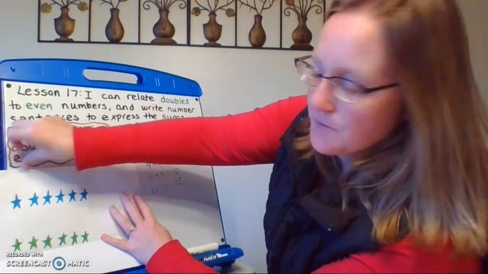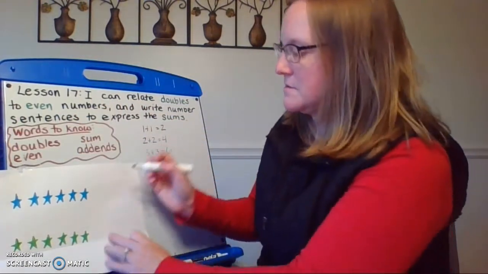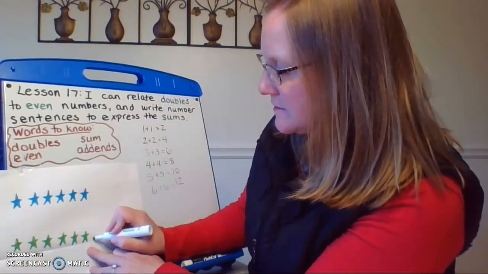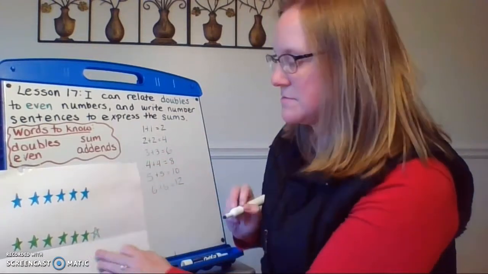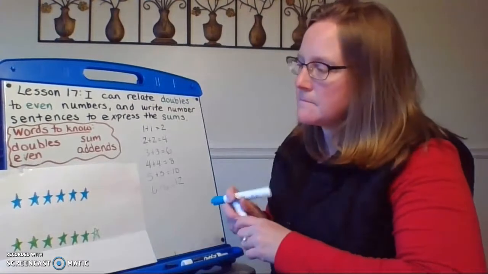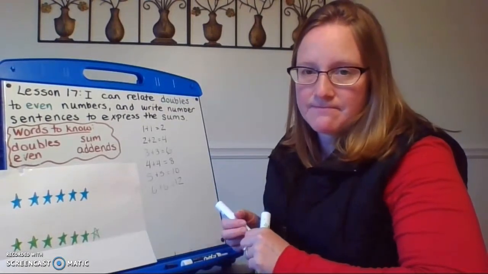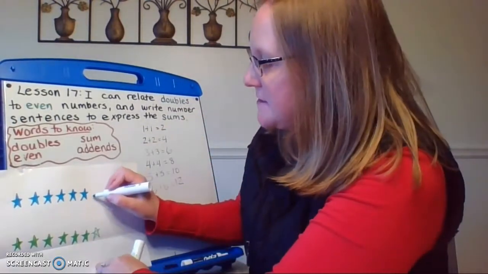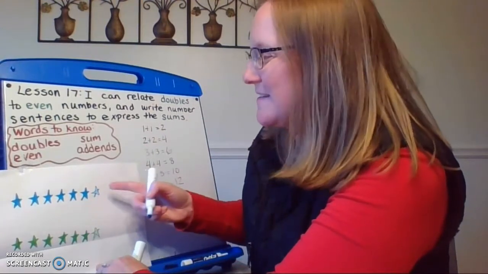Well, let's figure that out. So I have 7 stars now. How many do I need to add to my top row to double it? Yep, 7. Or 1 more.